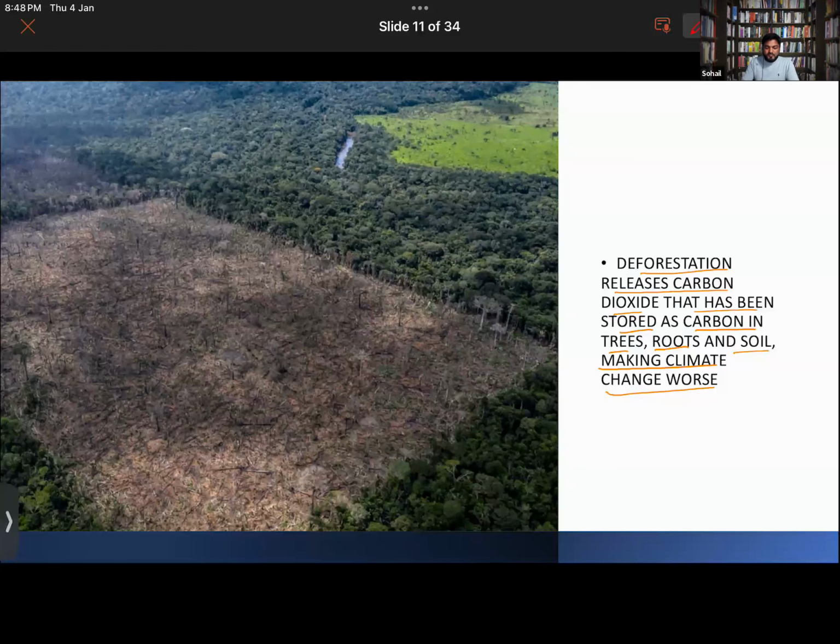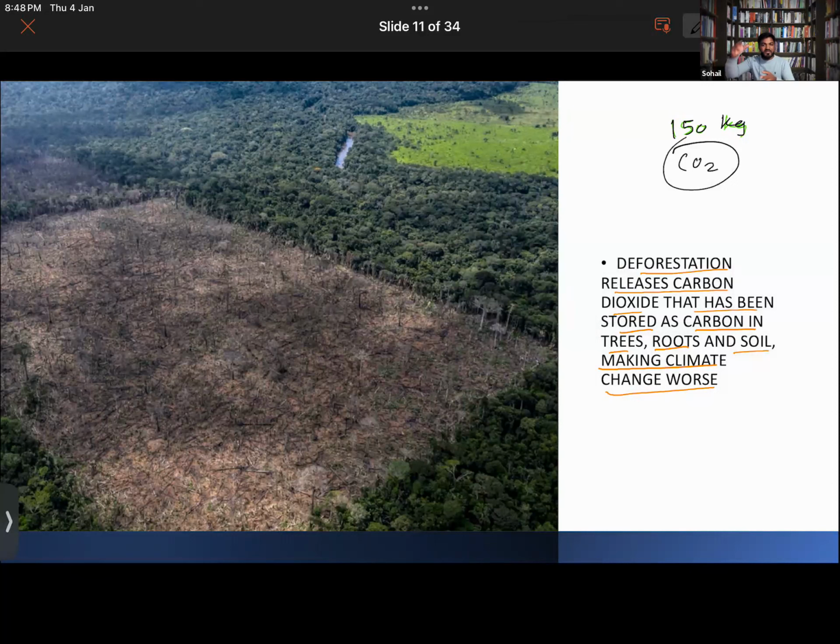If you were to talk about a typical tree in a forest, that is several meters long, in a year it can take up to 150 kilograms of carbon dioxide.